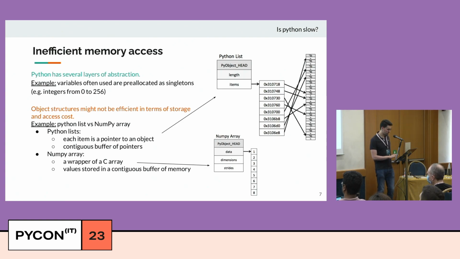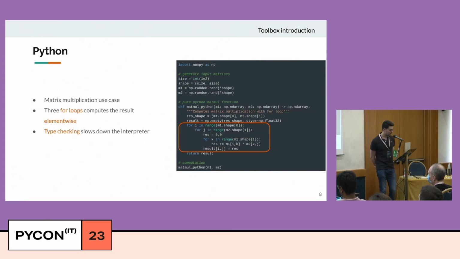So this was just a little bit of introduction to set the stage, to explain why we should think that something can be made more efficient. And now let's turn to some examples. We are talking about Python here, and just a simple example of a matrix multiplication. We are multiplying two matrices. Here in these examples, they are both square matrices with sides 100 by 100.